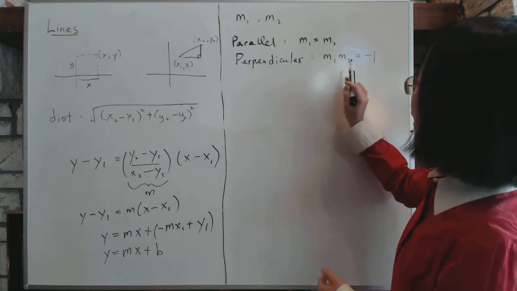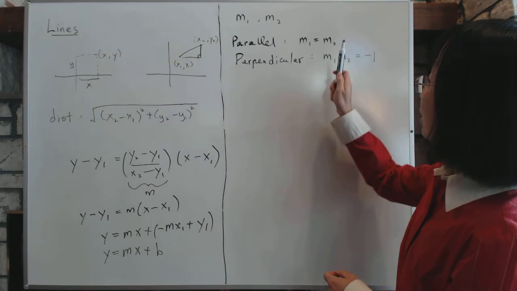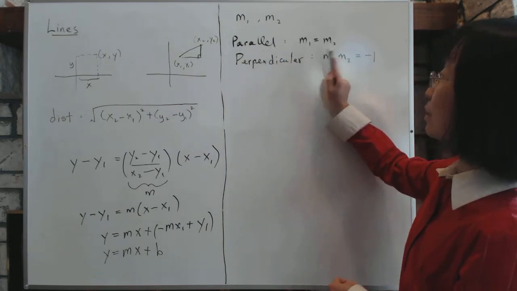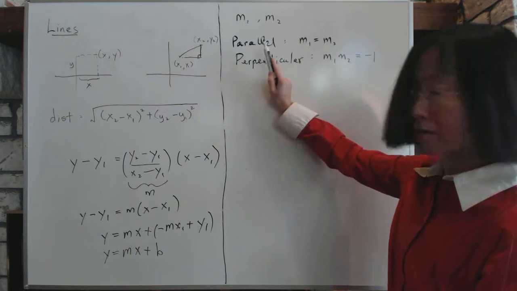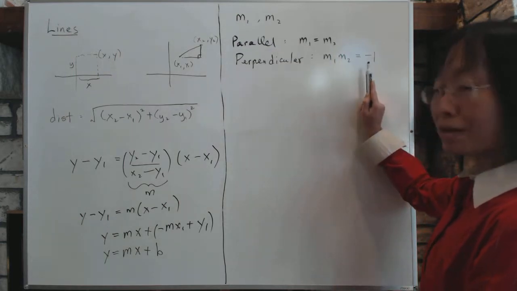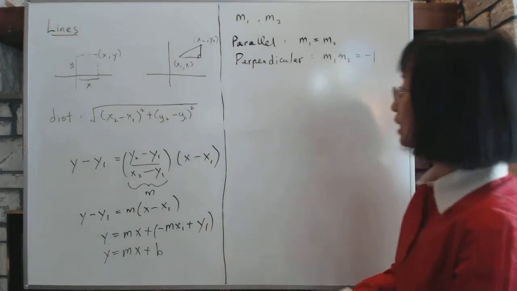And this is an if and only if situation, which means it goes either way. If it's parallel, the slopes are the same. If the slopes are the same, they must be parallel. If it's perpendicular, they multiply to be -1. If they multiply to be -1, it's perpendicular. So the whole thing is completely connected.